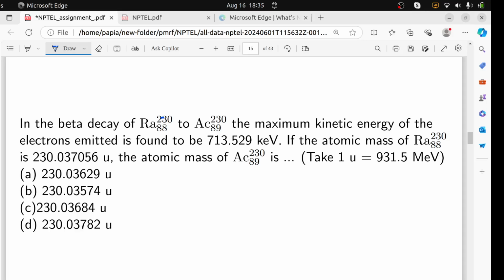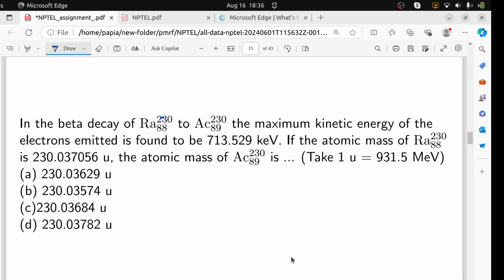Or otherwise, if you don't remember the expression for Q in the beta minus or beta plus case, then you just need to remember the nuclear mass calculation, and then change the nuclear mass to the atomic mass to get the actual expression.